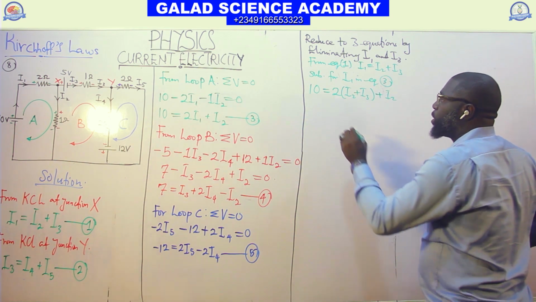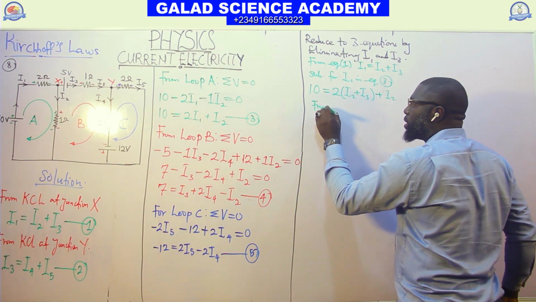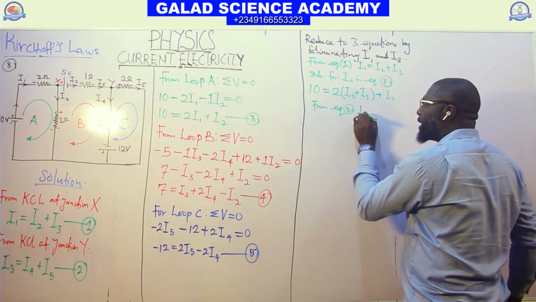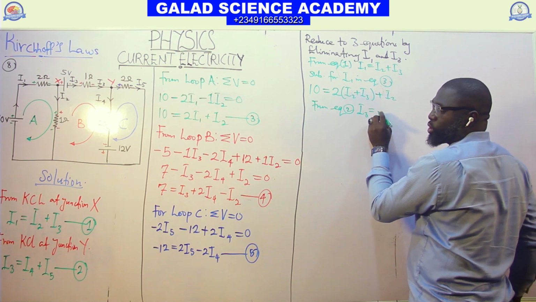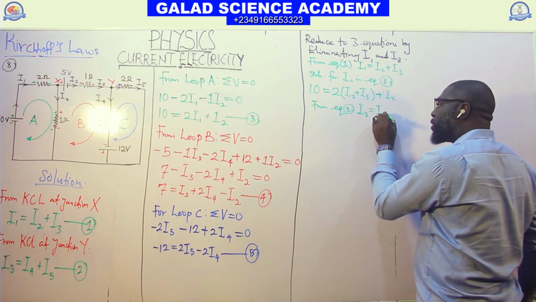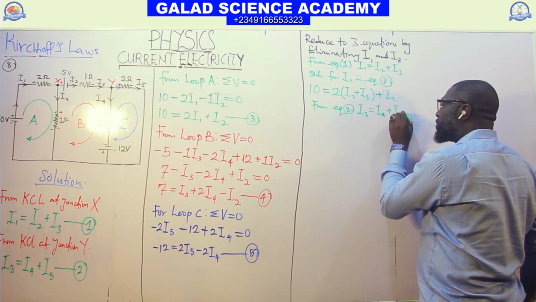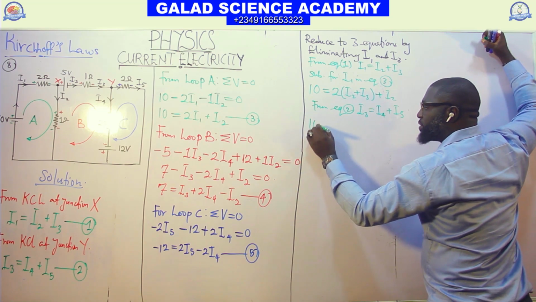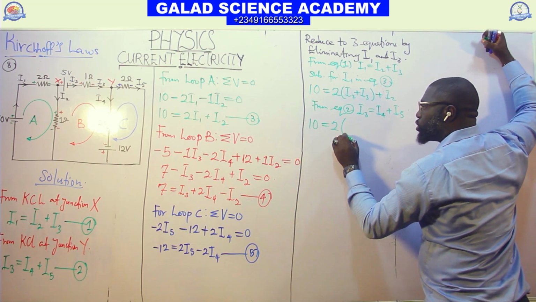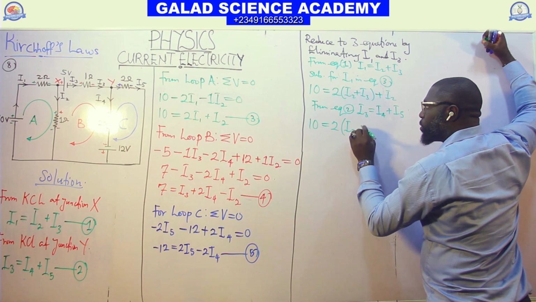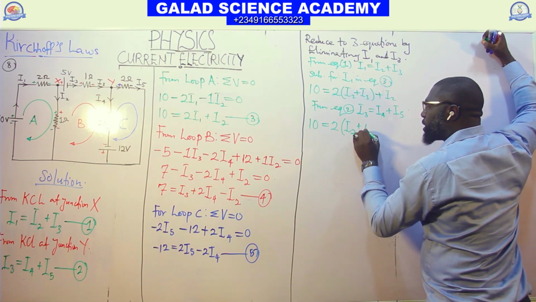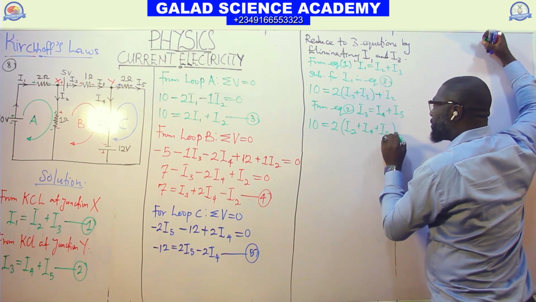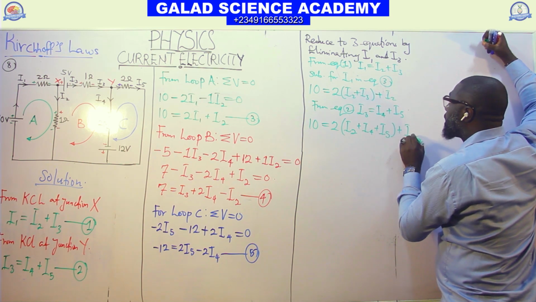Again, from equation 2, I3 is equal to I4 plus I5. Substitute for I3 here to have 10 equal to 2 into I2 plus I4 plus I5, plus I2.